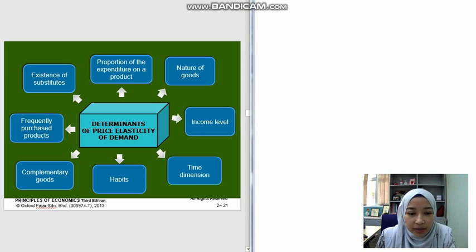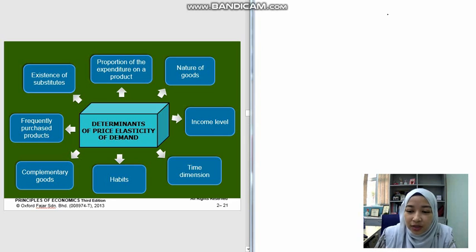Okay, so for habits, this factor here explains a situation in which consumers are having consumption of bad products like cigarettes or alcohol and so on. So these kind of consumers, even though there is a change in the price of cigarettes, for example, in theory and in reality, their consumption will not change as much.